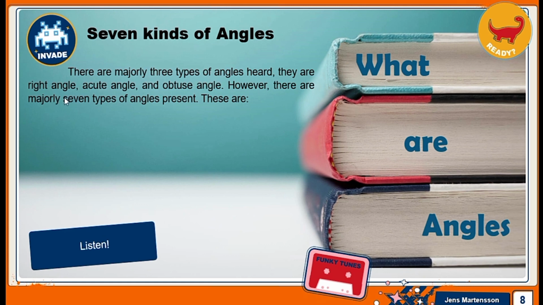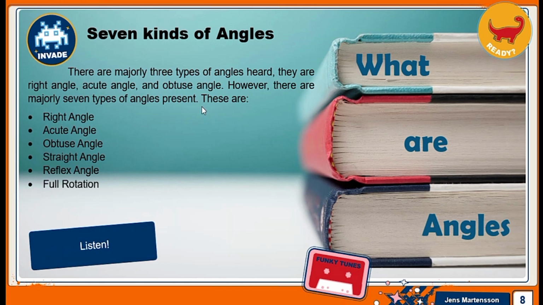They are right angle, acute angle, and obtuse angle. However, there are majorly seven types of angles present. These are right angle, acute angle, obtuse angle, straight angle, reflex angle, full rotation, and additionally, we have zero angle. Now you know.